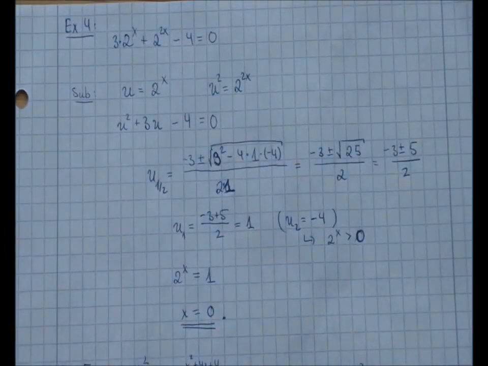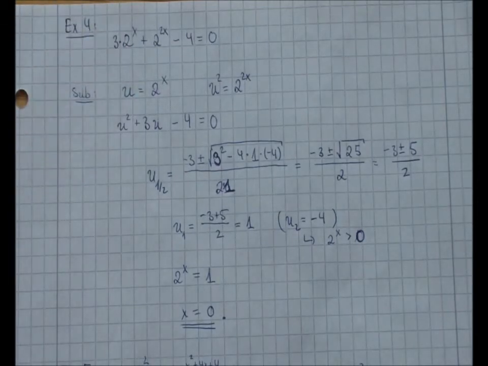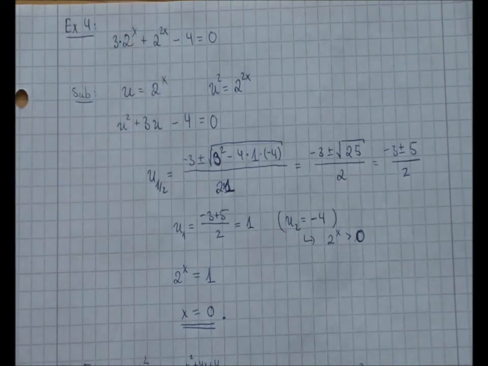Okay, this is example 4. This is a really strange looking thing, but sometimes it appears. So you have 3 times 2 to the x, so this is an exponential, plus 2 to the 2x minus 4. And now here comes the handy part, or the tricky part.